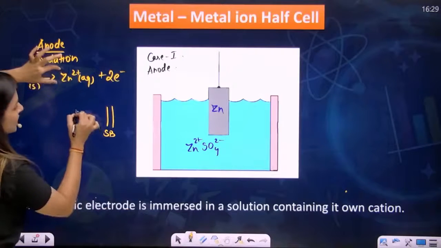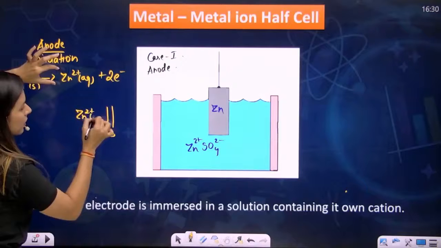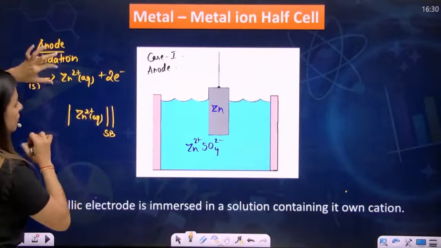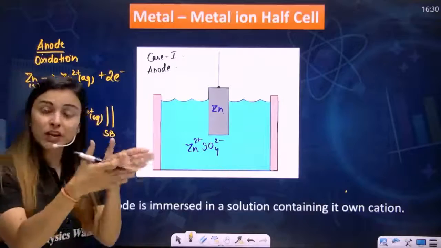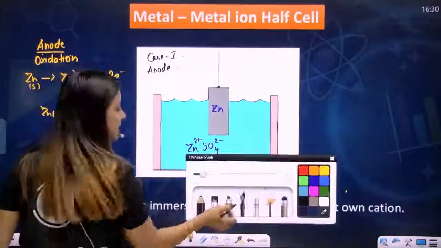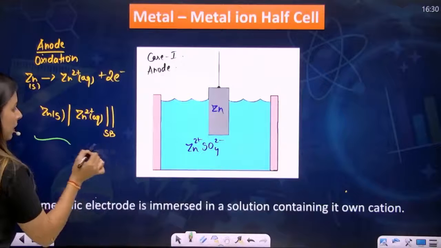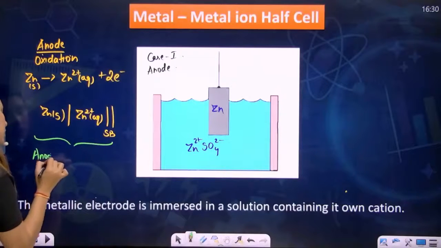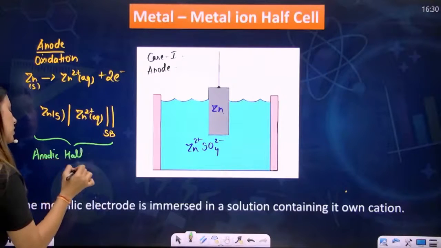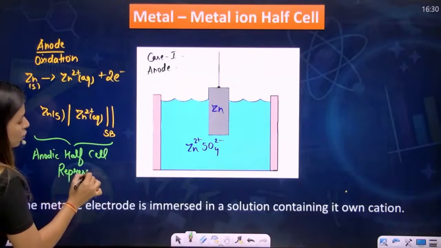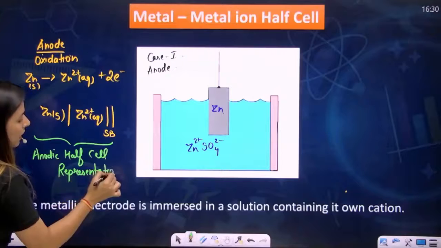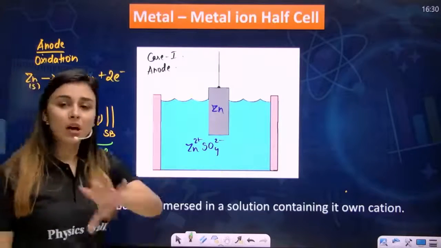First, I know that zinc 2 plus ion will come, and then I'll change the phase, and then zinc solid will come. So this is only the anodic half cell representation. This is how you will be representing a half cell reaction.